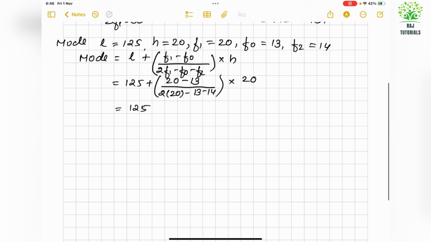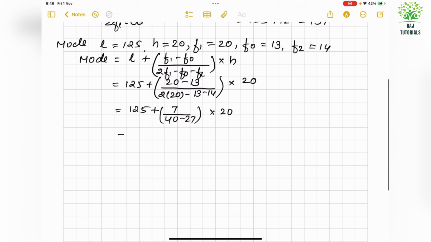So that is coming as 125 plus 7 upon (40 minus 27) into 20. So that is 125 plus 7 by 13 into 20.